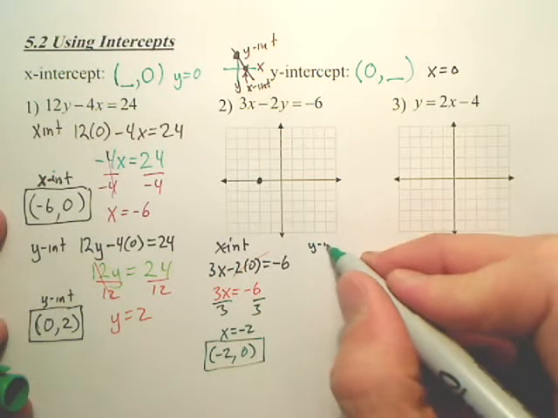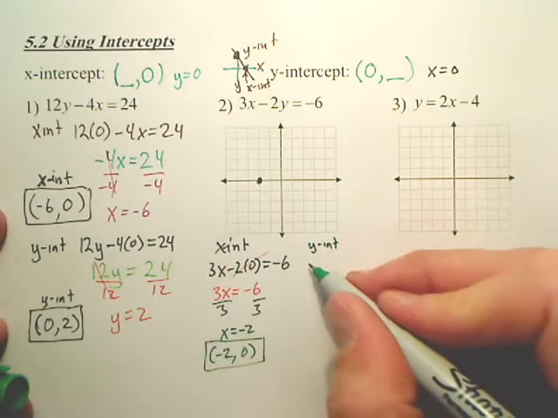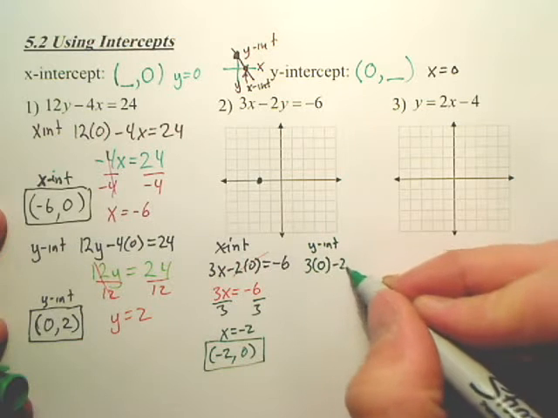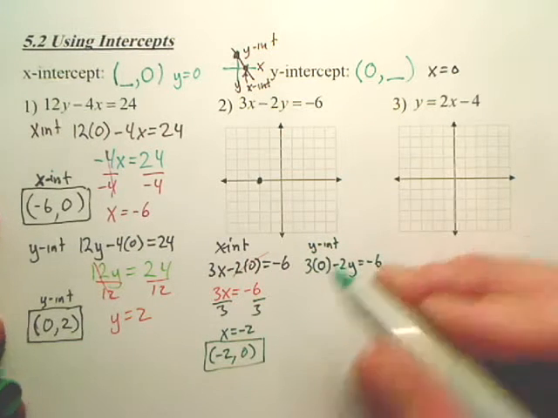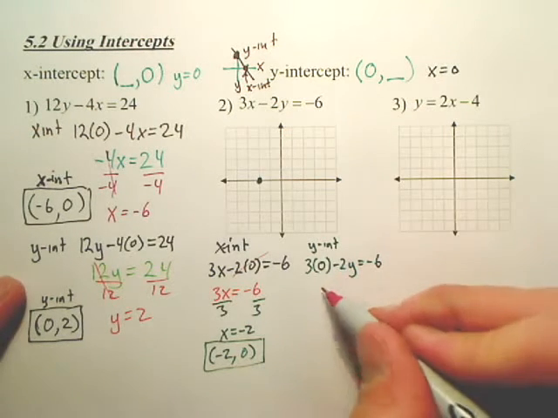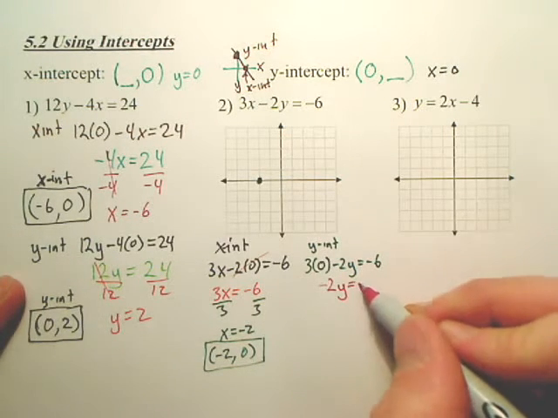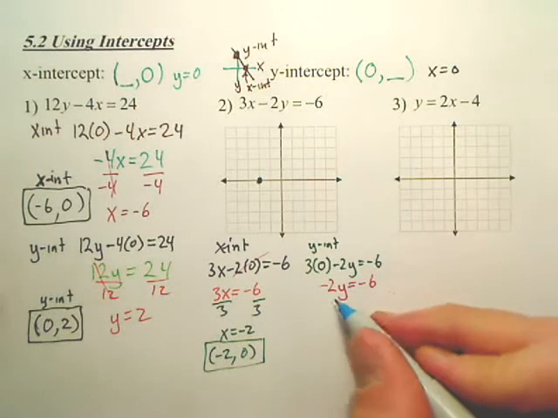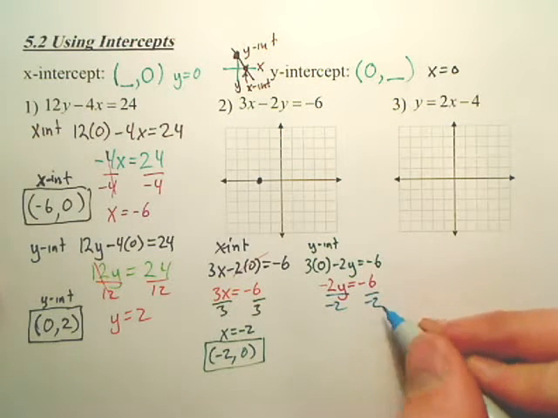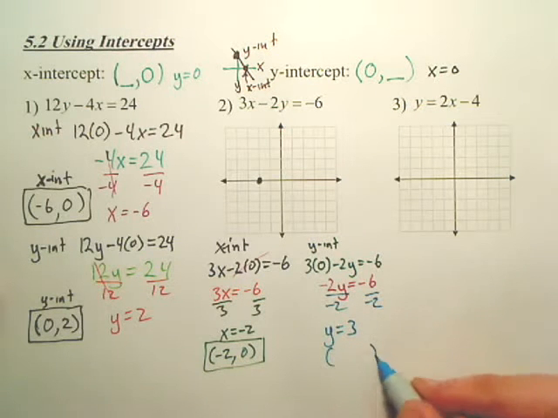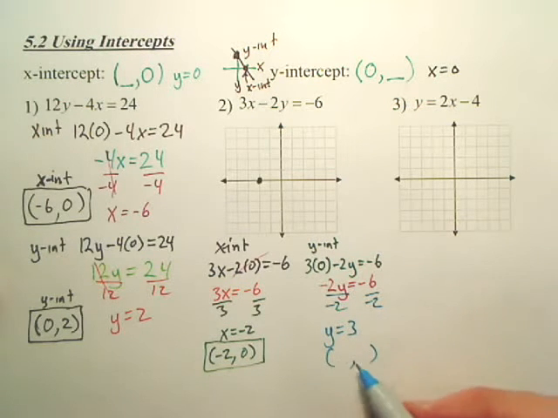If I want my Y-intercept, you're going to take 3 and plug 0 in for X, and you're going to find y. So I plug 0 in the opposite piece. That leaves me with 2y equals negative 6. Divide both sides by negative 2. Y equals 3. Now, if y equals 3, which spot's y?